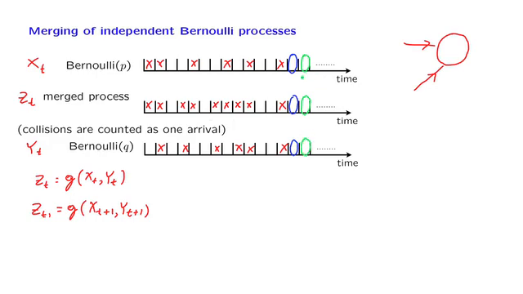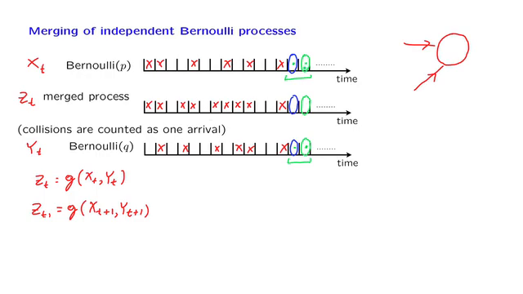Now, we have assumed that the two processes are independent, so these two random variables are independent from those two random variables, and furthermore, across time, this random variable will be independent from that random variable, and this random variable will be independent from that random variable. So these four random variables are independent of each other.